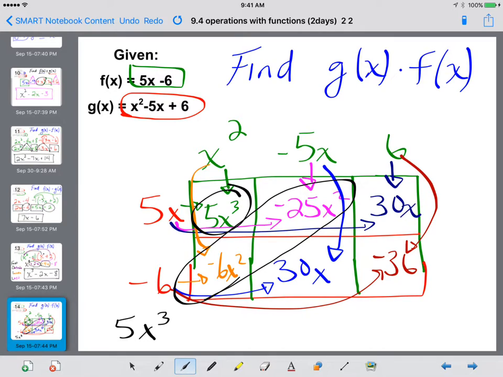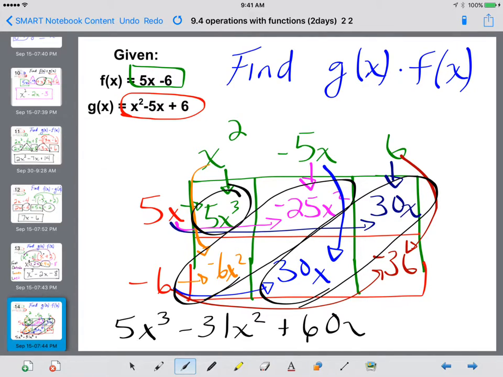So this would be negative 6 minus 25, leaving us with a negative 31x squared. Now let's look to the next diagonal. 30x and 30x will combine to be positive 60x, and my last term is just minus 36.